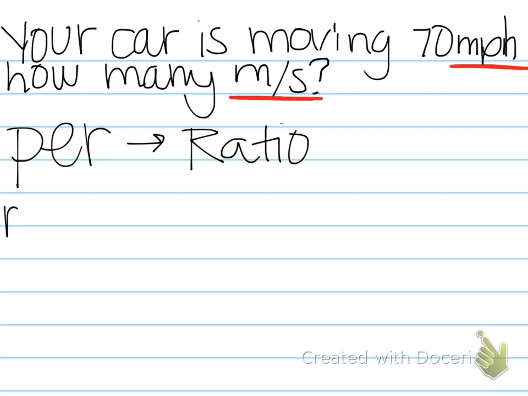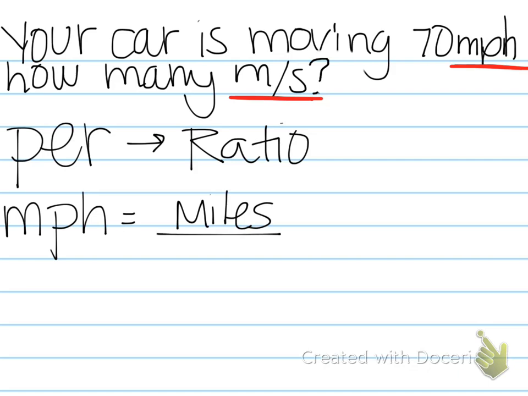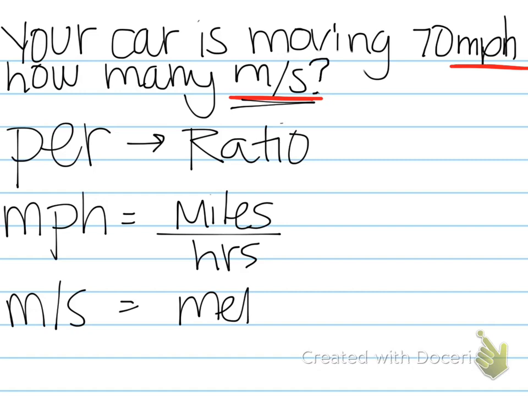So miles per hour is miles over hours. Meters per second is, and I wrote it that way up here, meters over seconds.